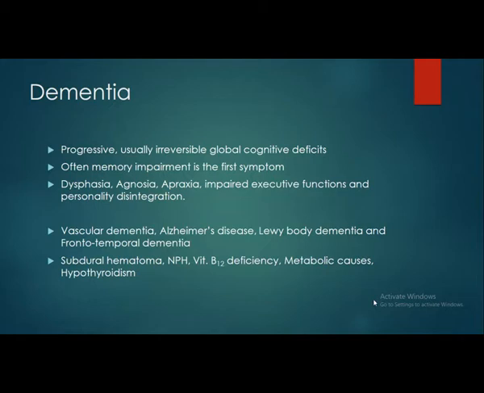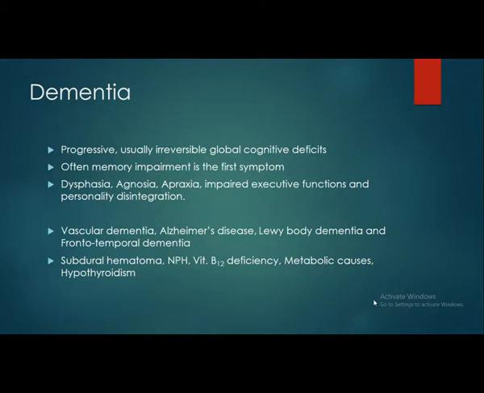In some types of dementia, the main irreversible causes are vascular dementia, then Alzheimer's disease, Lewy body dementia, and frontotemporal dementia. These are the most common dementias that are irreversible.